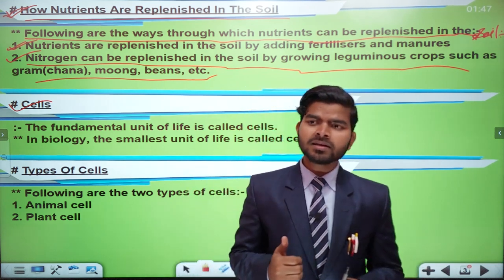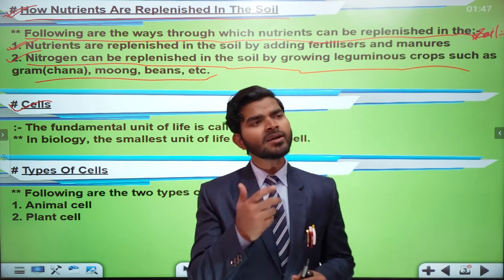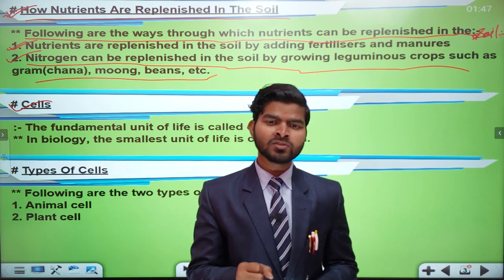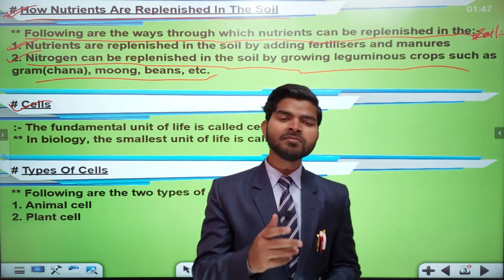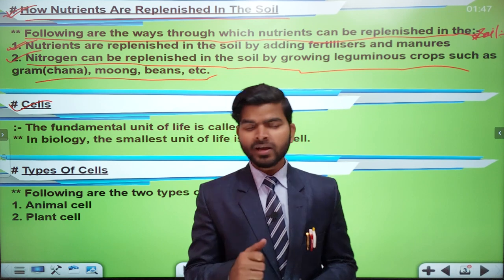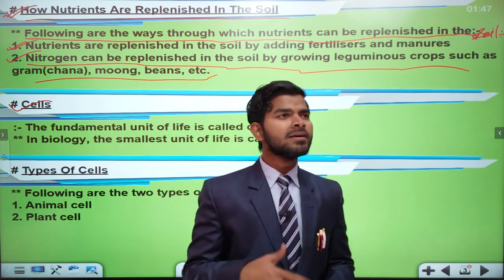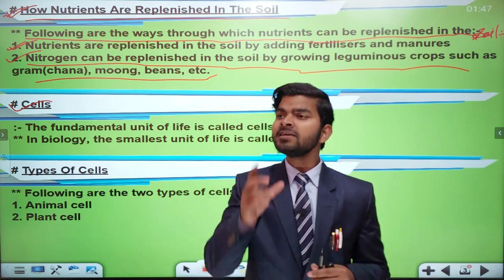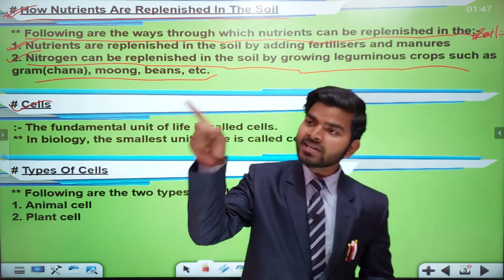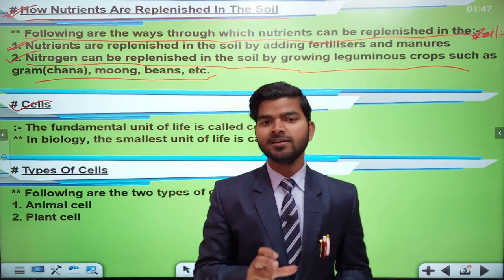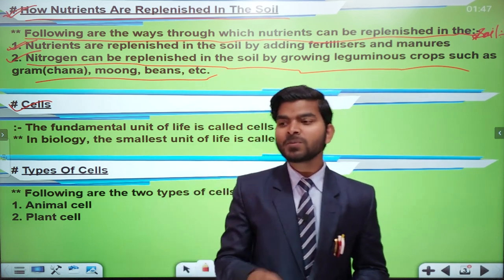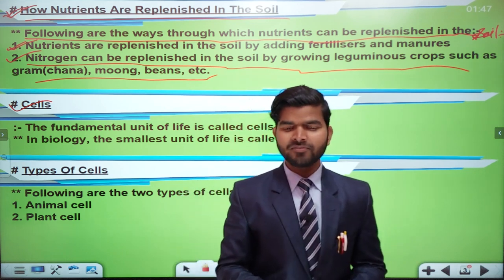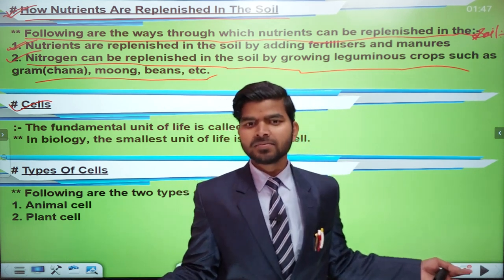If I ask what the basic thing of that building is, you might say there may be pillars, or soil, or land, and many different things, but the basic building blocks of that building are the bricks, because by using bricks you are preparing a long building. Yes or no? Obviously yes.